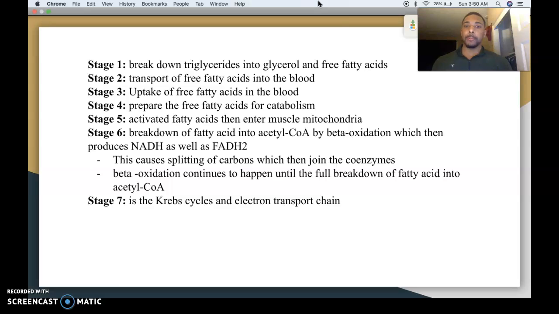As I stated, 1 triglyceride is broken down into glycerol and 3 fatty acids. But glycerol is only accepted when it is converted to the term 3-phosphoglyceraldehyde.